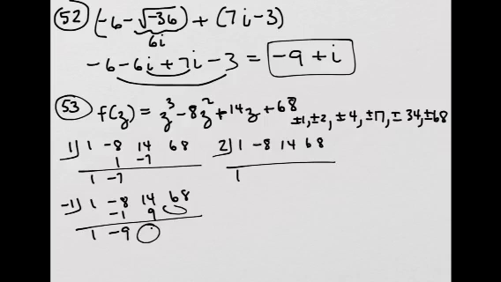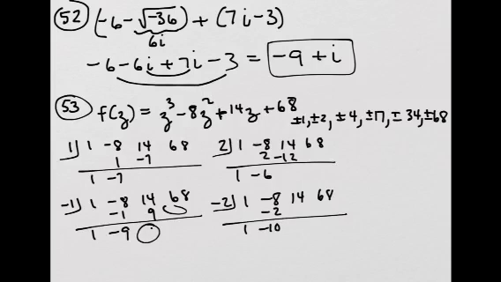Bring down the 1, 2, negative 6, negative 12. It's not going to work. I'll try negative 2. Down 1, negative 2, negative 10. What is it? 20, 34, negative 68, and that one worked.